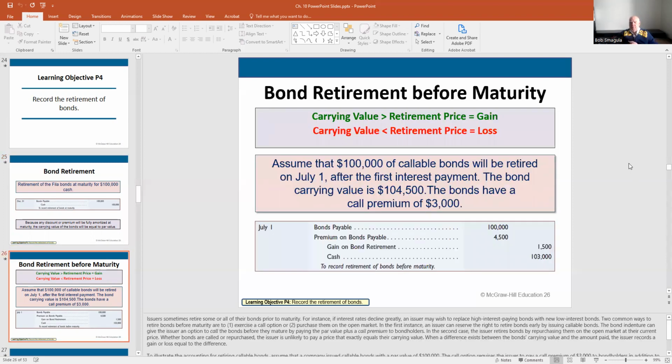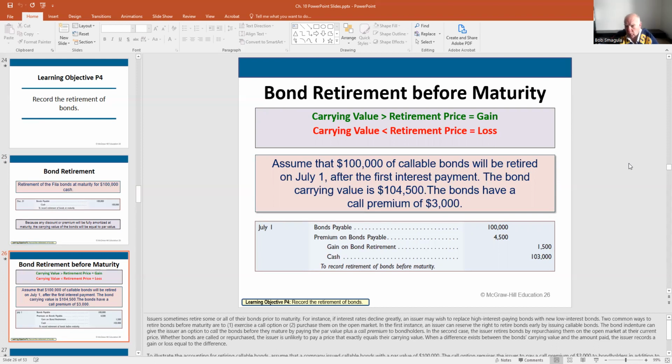But what if the bond is retired before maturity? Okay? If the interest rates go out of whack, it might be in a company's interest to say, hey, wait a minute, I don't want to make these semi-annual payments anymore. I want to get out of this bond deal. The interest rates have changed and I want out.